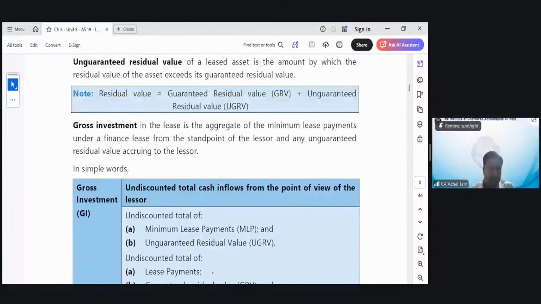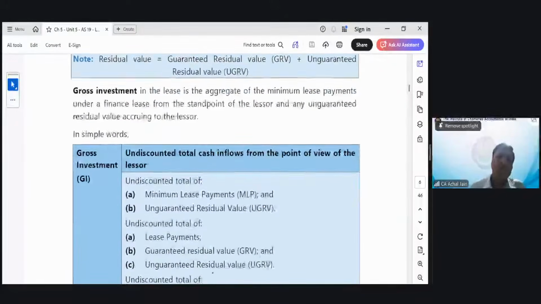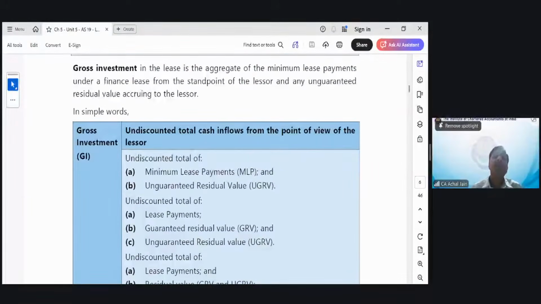Yes or no? Clear? Now, there's one more concept that you call gross investment. Now, what is this gross investment? And how is this relevant? See, there are a few types of leases that we are going to discuss. In those types of leases, you may have finance lease and operating lease.